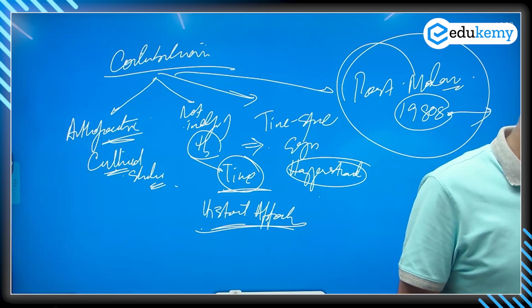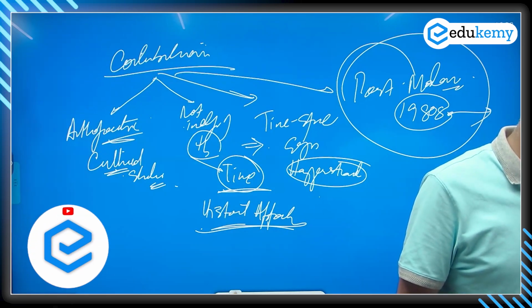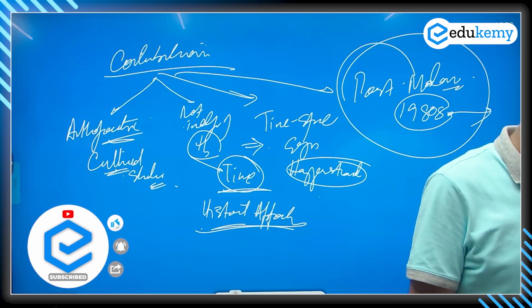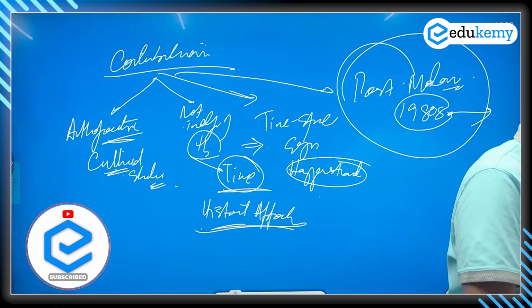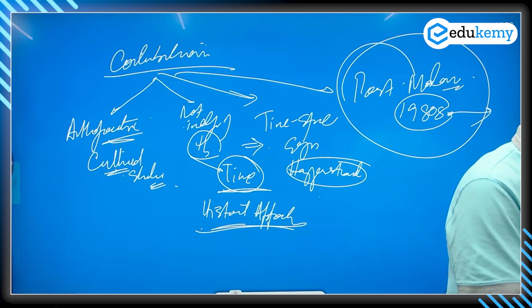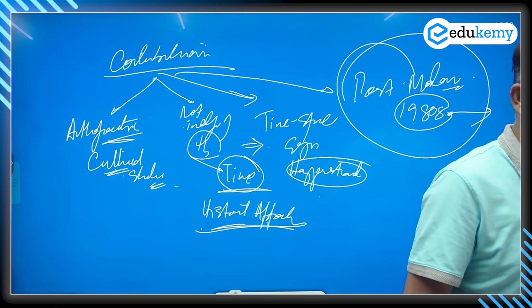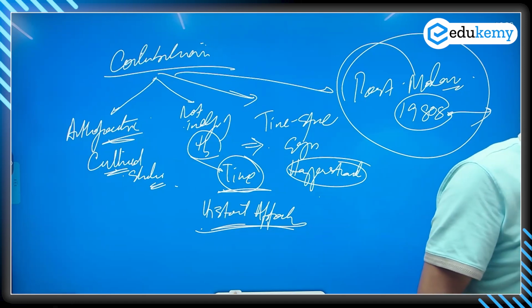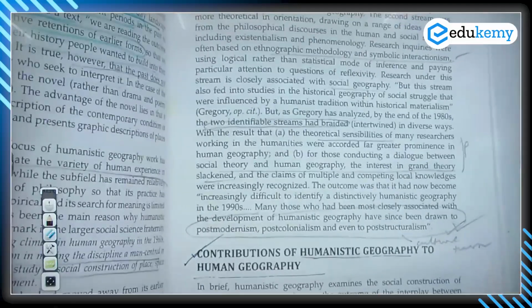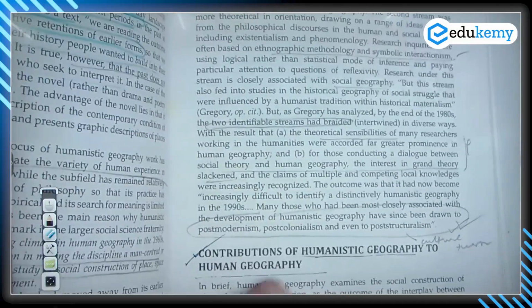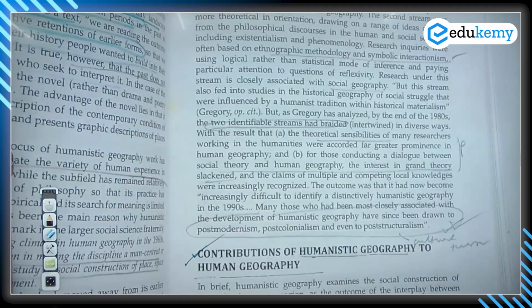So let me give you the page number, then you can develop from it. In your Dikshit textbook, pages 167 and 168 are almost a formula write-up. Page 167 has the contributions of humanistic geography to human geography.